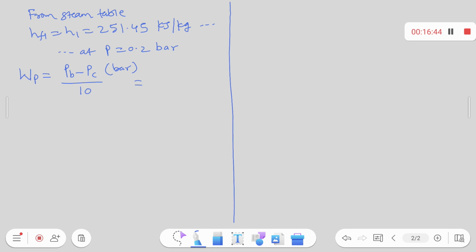So you will get here 70 minus 0.2 divided by 10, right? But what is the formula of pump work in terms of enthalpy? H2 minus H1. Our target is to calculate H2.